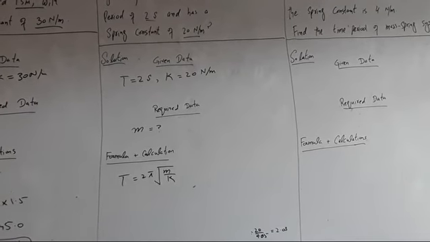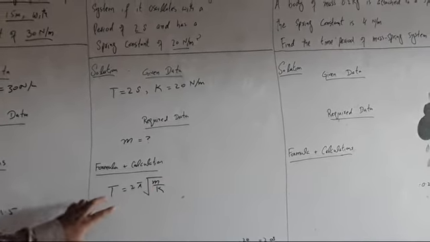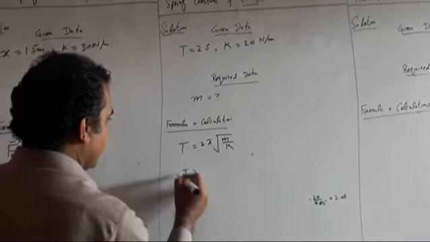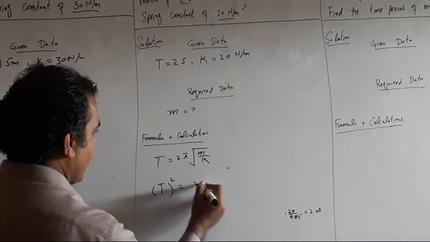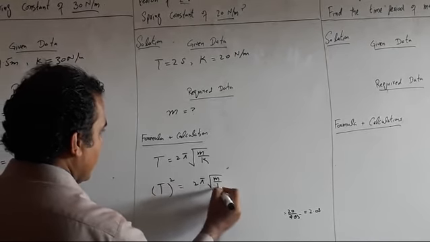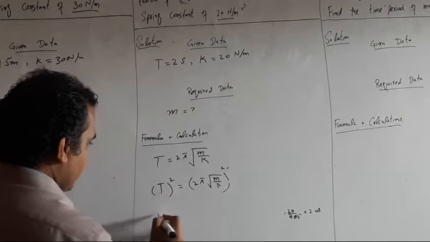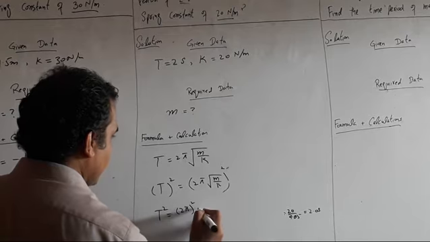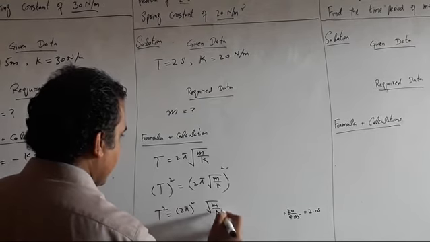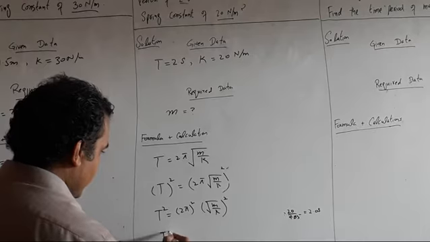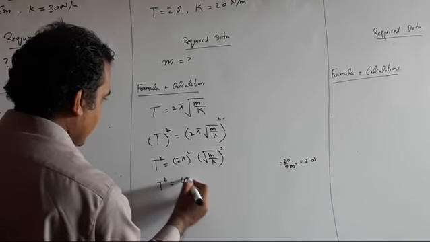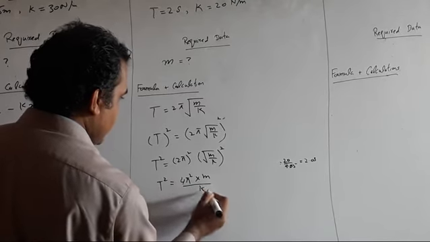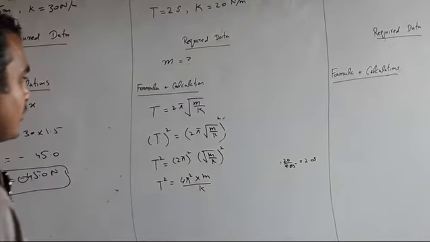Here we have to calculate the value of m, so we will have to square both sides first. Squaring both sides, we will get T whole square equal to 2 pi square root m by k whole square. Here it will become T square, while this square is for 2 pi as well as for square root m by k. So it will become T square equal to 4 pi square multiply m by k, because the square will cancel the square root.